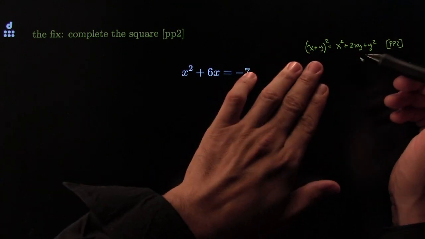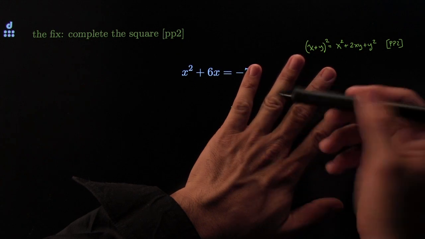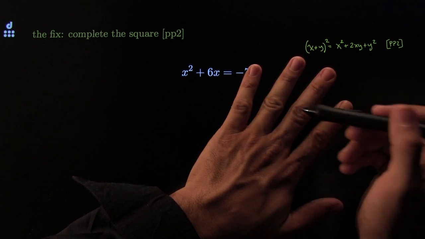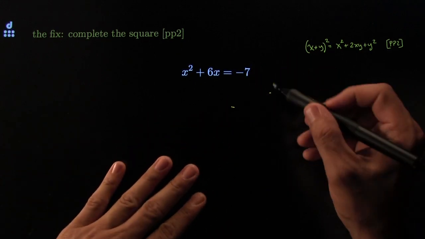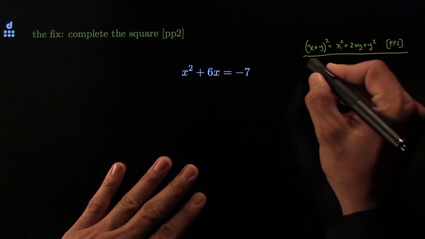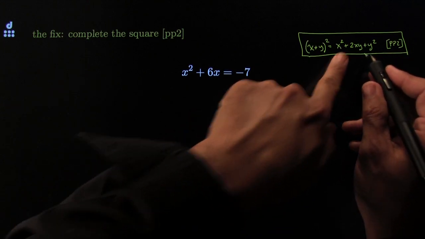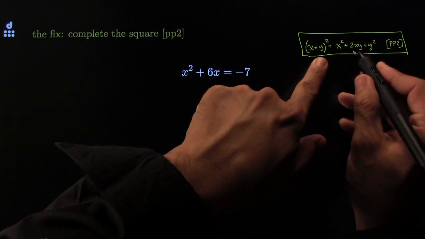In fact, this has been in previous sections, one when we multiplied famous polynomials, another time when we factored famous polynomials. So you should be well versed with this pp2. Anyways, if you're not, here it is again. Super important, pp number 2. Now the idea is to make this creature right here match that.